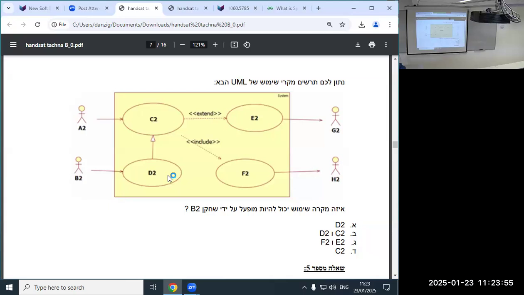So can B2 access C2? Let's look at the slides. Let's look at the basics.